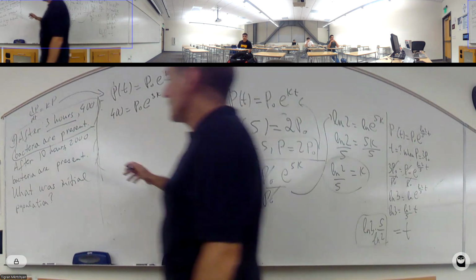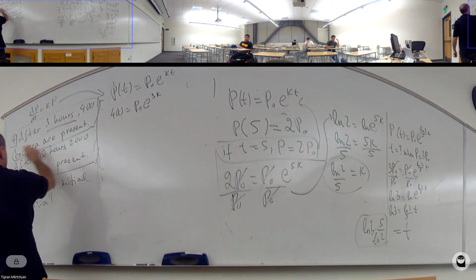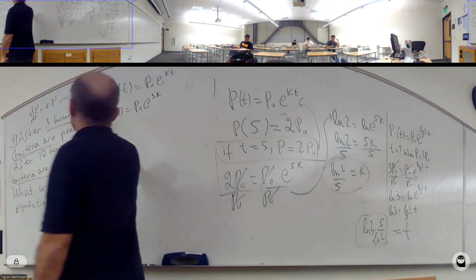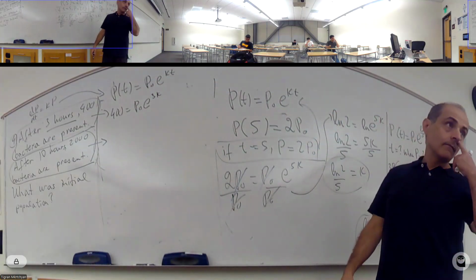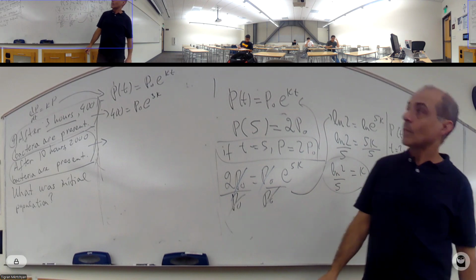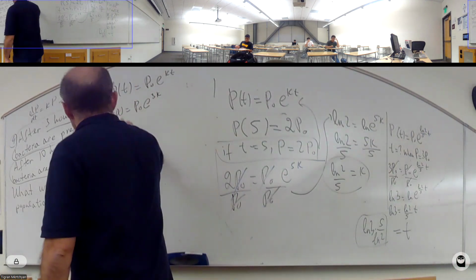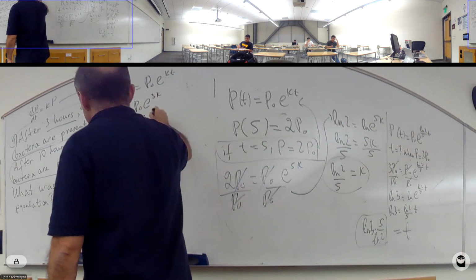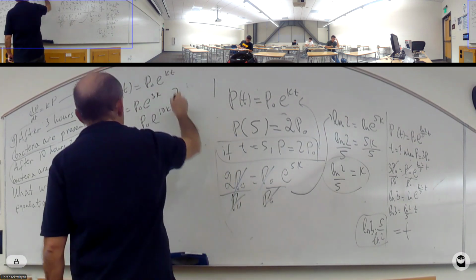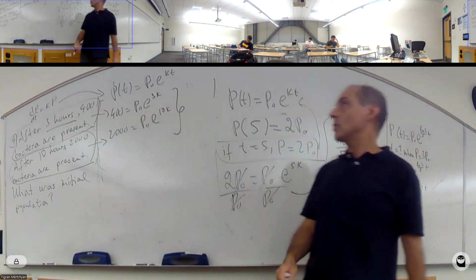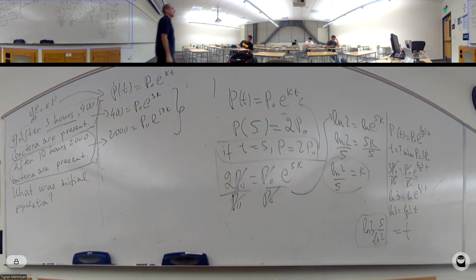Can we plug this other sentence into the formula? What would that sentence give us? 2,000 equals P0 times e to the 10k. So now we have 2 equations, right? With how many unknowns? 2 unknowns.